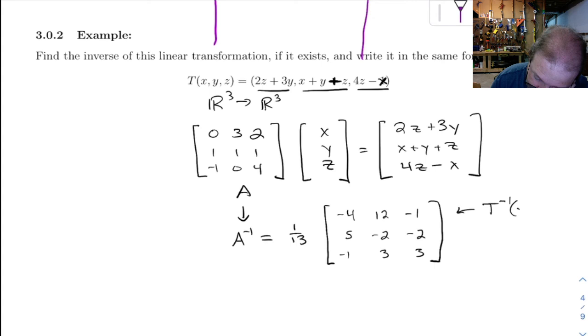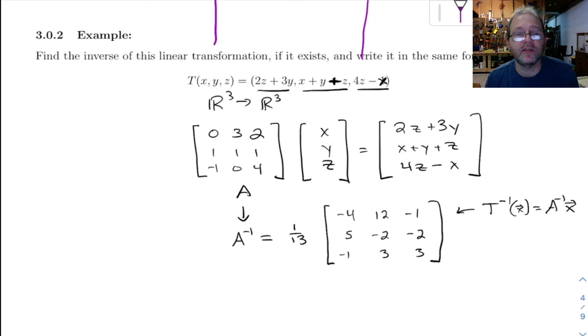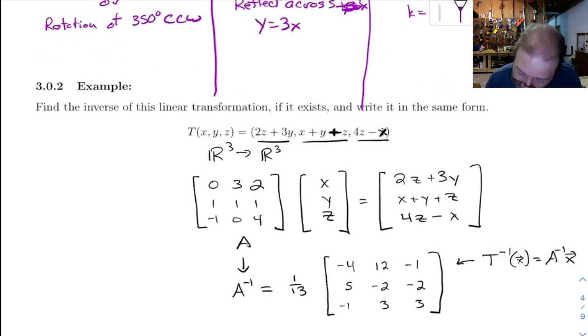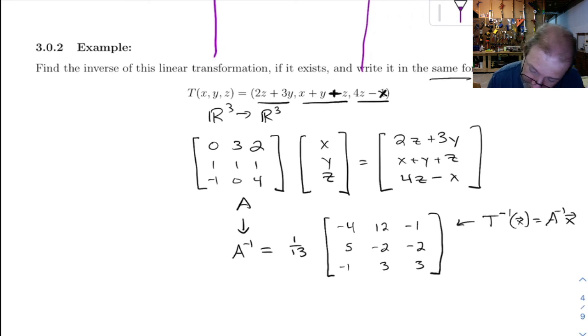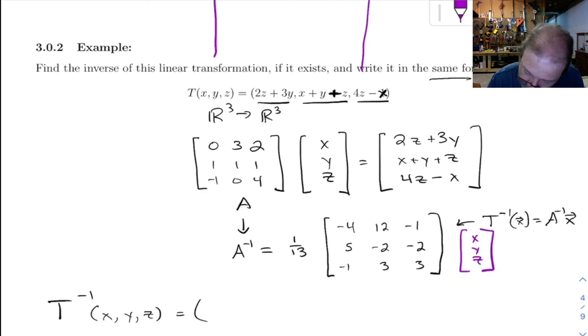So T inverse of x vector is A inverse x. That's not quite our answer because it's not written in the form that was asked. It says write it in the same form. So we want to write it out like this. T inverse of x, y, z equals, really all we have to do is come over here and multiply this by x, y, z, and that'll give it to us.